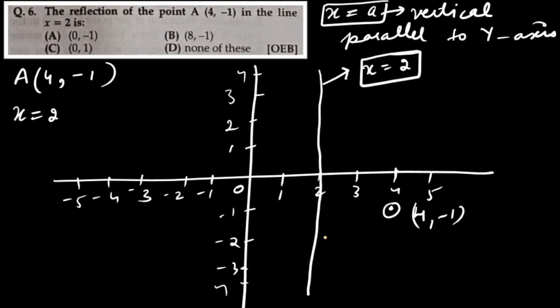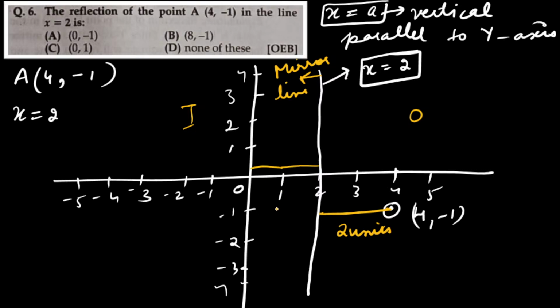Now from this line we have to reflect this point. So you just have to see what is the distance. If object is on this side, the image will be on other side of the mirror, because this is the mirror line. Through this reflection is happening. So this is distance, 2 units. So 2 units other side you have to see: 3 to 4 is 1, and 2 to 3 is 2. So 2 units this side also. So 1 to 2 is 1 unit, 0 to 1 is 2 units.